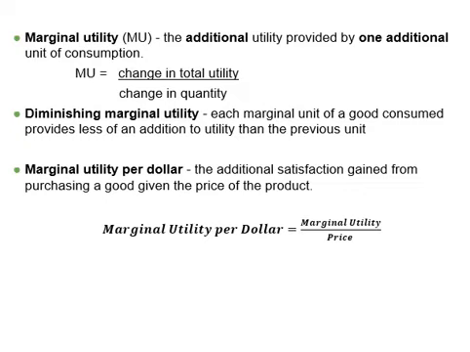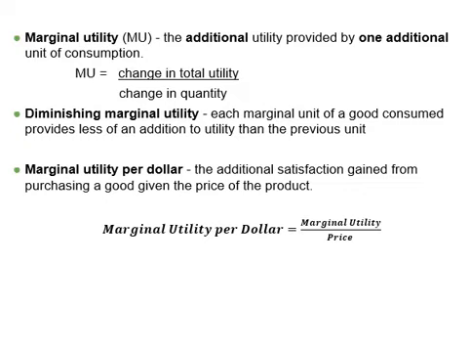Marginal utility per dollar is the amount of additional utility Jose receives divided by the product's price. If Jose wants to maximize the utility he gets from his limited budget, he will always purchase the item with the greatest marginal utility per dollar of expenditure, assuming he can afford it with his remaining budget.